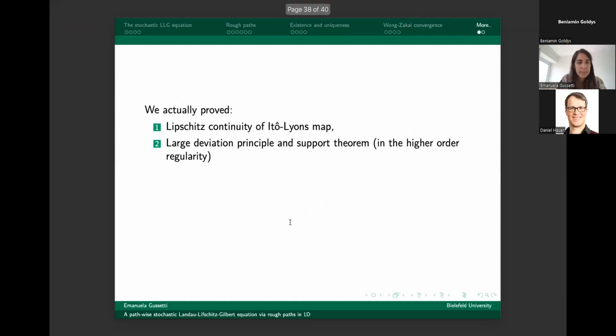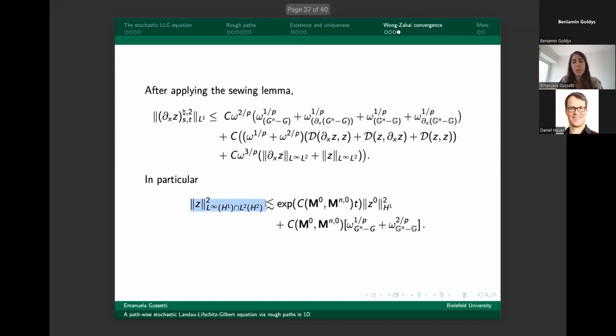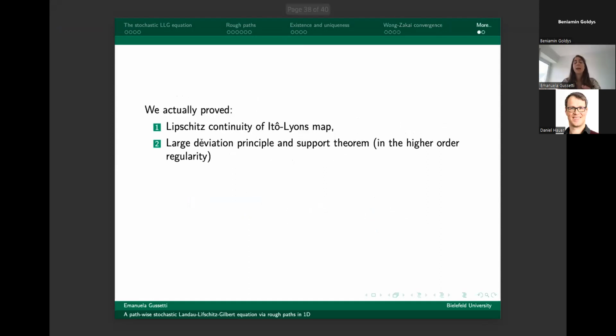And so this is not only continuity, but it's actually Lipschitz continuity, local Lipschitz continuity, local in time. And this basically implies, with no work, a large deviation principle and a support theorem for the law of the solution. And really the proof is like in the SDE setting, because it relies only on continuity.